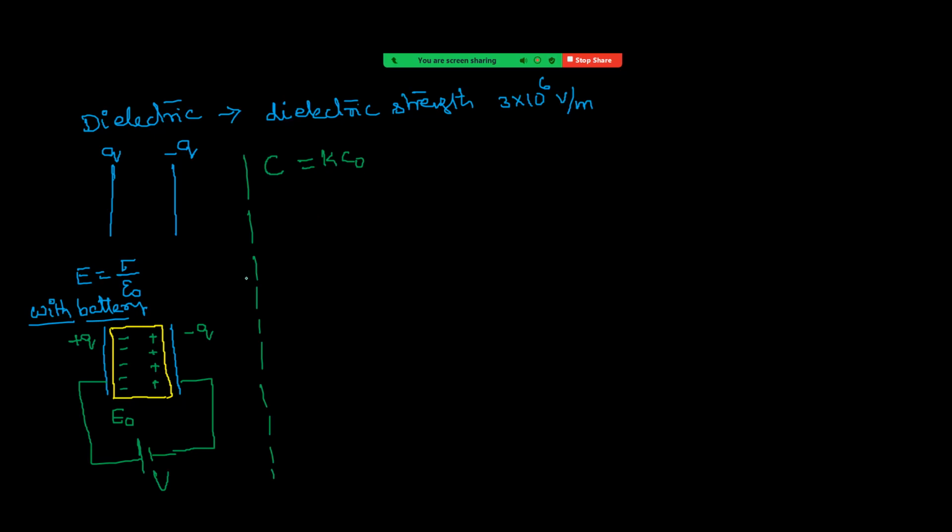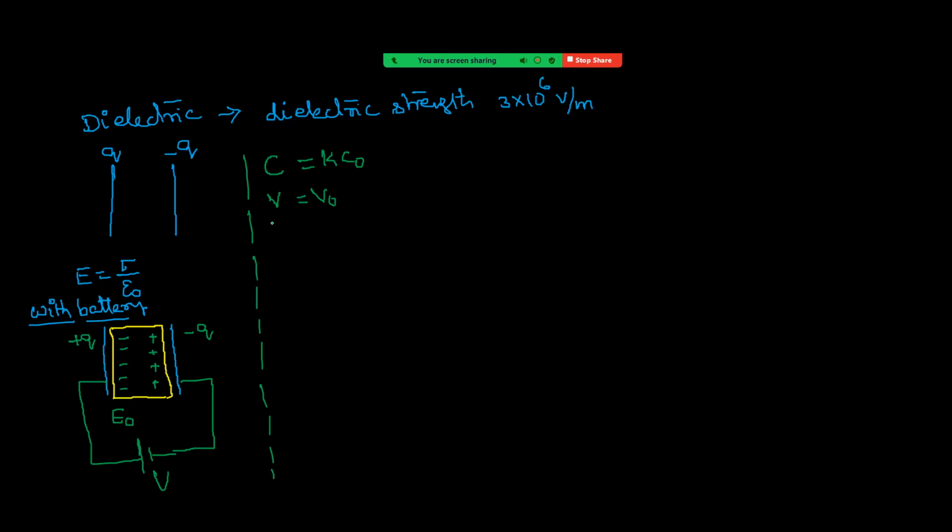Okay. Next, since there is a battery, it always maintains the same potential difference. Therefore, the present potential difference across the capacitor is equal to the initial value, that is V naught, means no change.